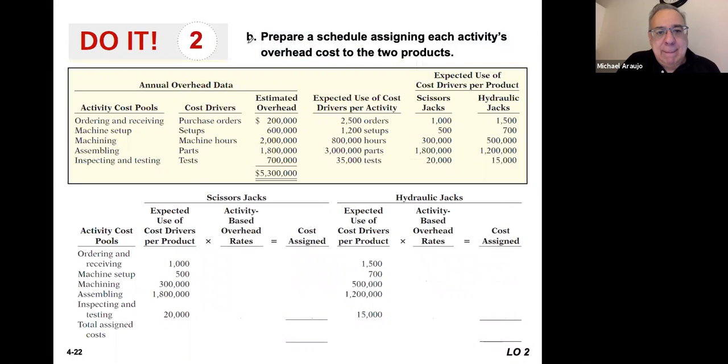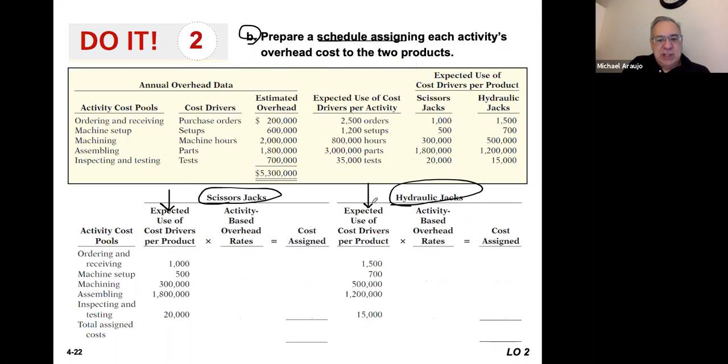Okay. B, prepare the schedule assigning the overhead costs, the activity-based costs, to the two products. So again, here you've got scissor jacks for the cars, hydraulic jacks for the trucks. They've already told you the expected use of each driver for the car jacks, and the expected use of each driver for the truck hydraulic jacks.